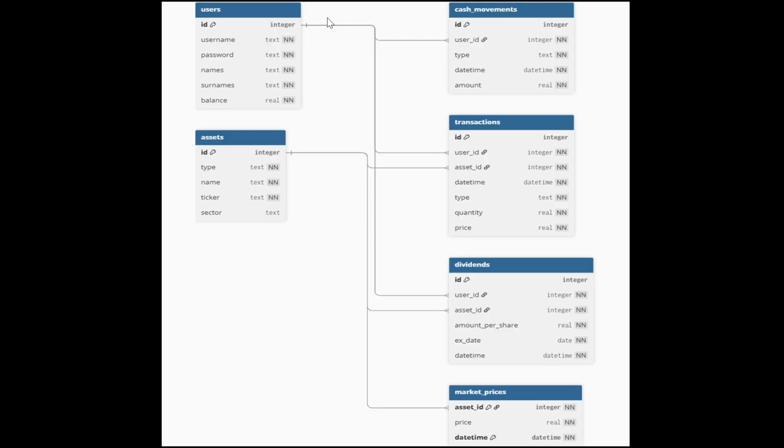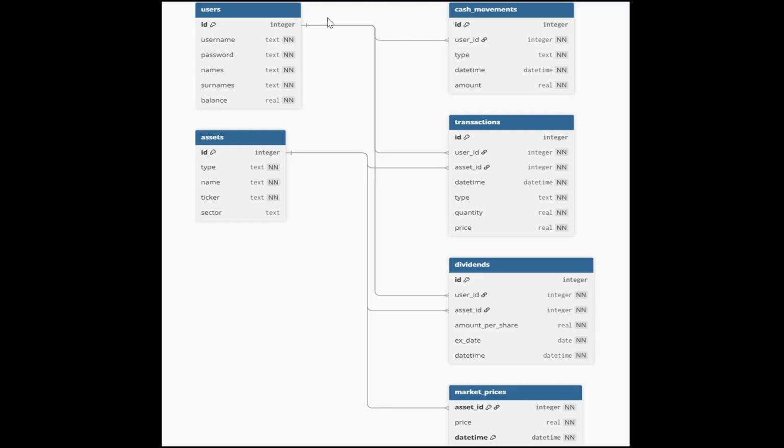Going to the schema, we have the users table, which are all the investors, the assets table, which are all the assets like cryptos, stocks or maybe ETFs. The cash movements are the deposits and withdrawals of the users.